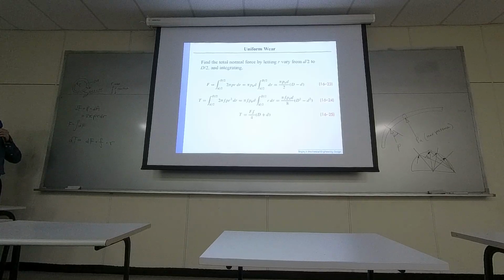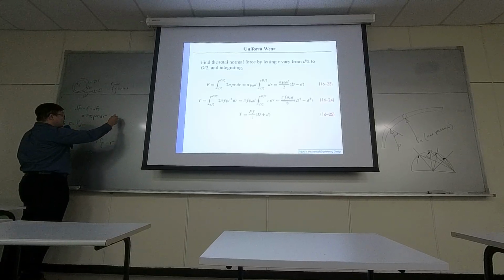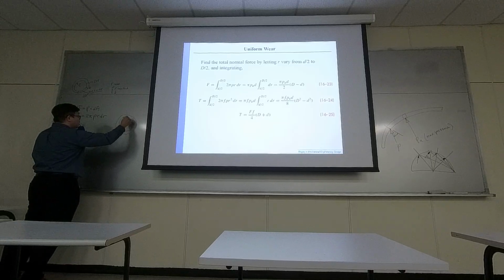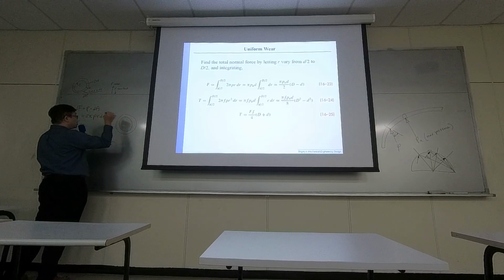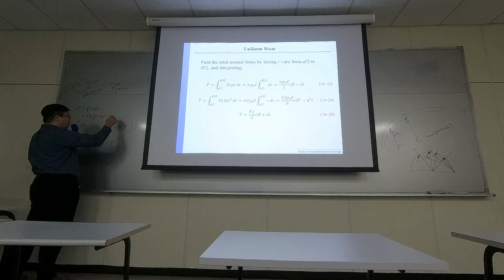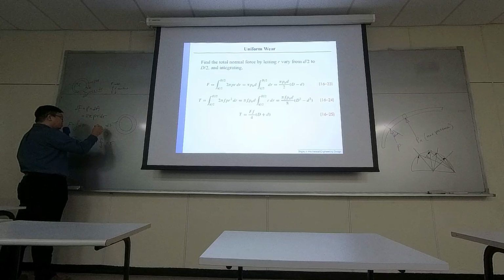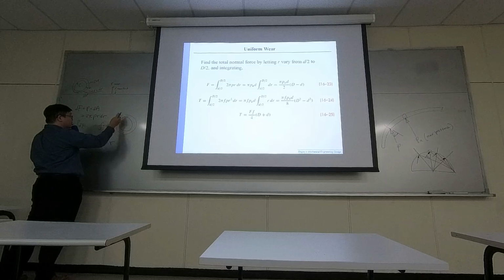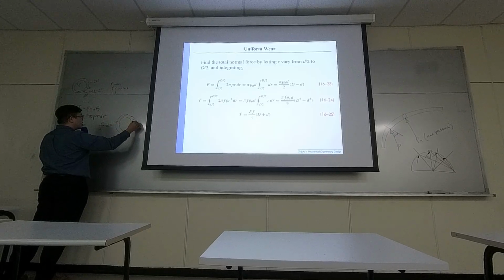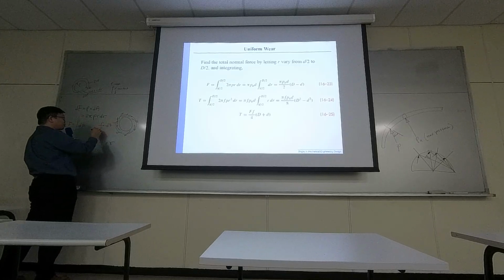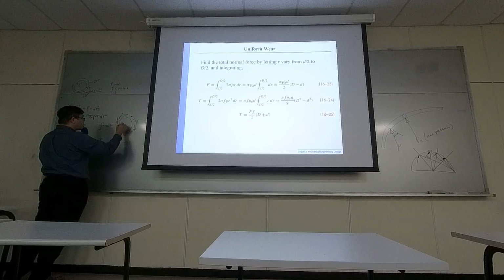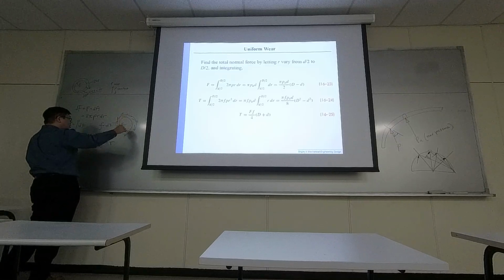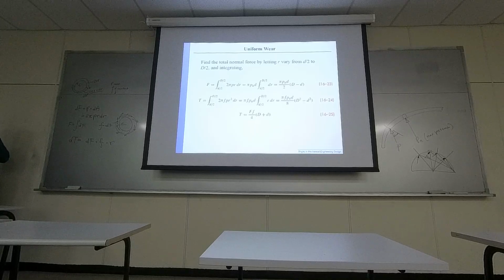Right? You need the normal force, so on the ring you have dF applied on the ring. If you multiply by the friction coefficient, then you will have the friction force applied everywhere on the entire ring. And if you multiply the friction force by the radius, then you will have the torque generated by the friction force.